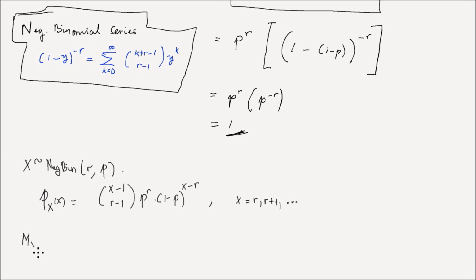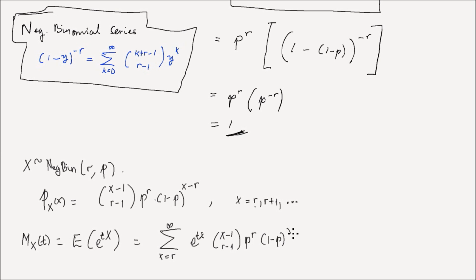The MGF, M_X of t, by definition, is the expectation of e to the power of t times X, which is equal to the sum, x ranging from r to infinity, because the support ranges from r to infinity, of e to the power of t x times the PMF, which is x minus 1 choose r minus 1 times p to the power of r times 1 minus p to the power of x minus r.